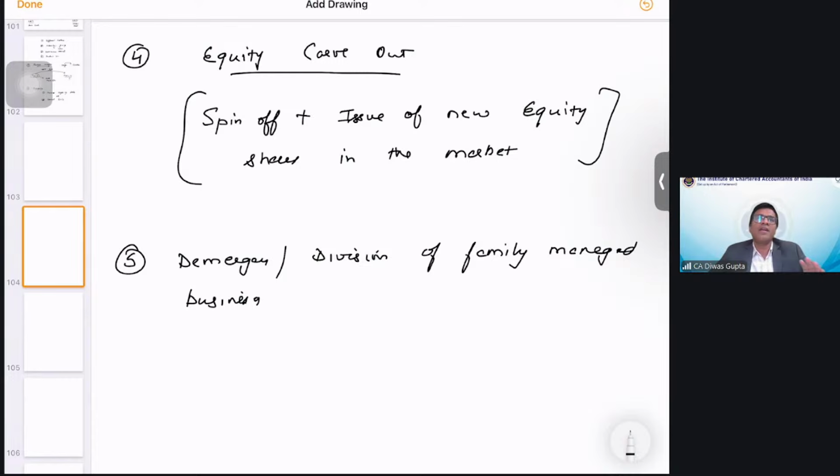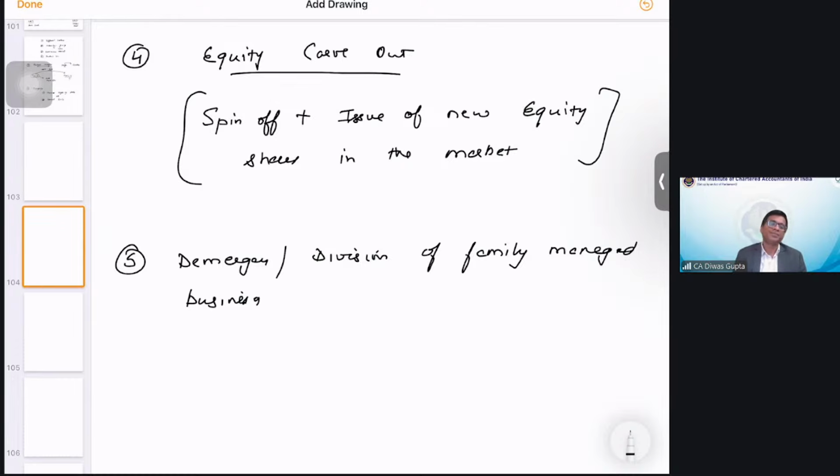In this case, there are different arrangements will get triggered, and there are different ways of doing this, right? Either to change at the holding level, or let's say to make two different holding companies of the two different groups that will get split up, right? And then ultimately handing over those holding companies to those respective shareholders or the family setups.